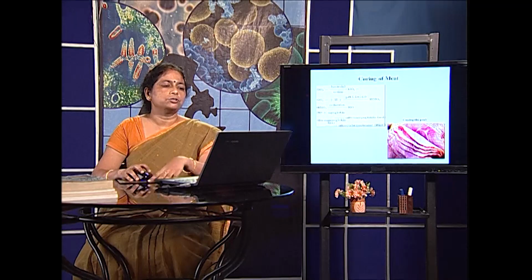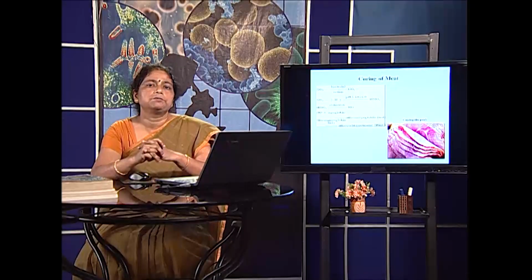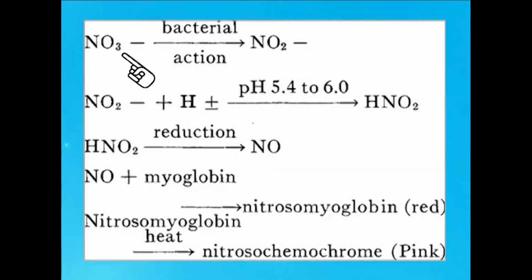Now, if we go on to the biochemical reaction that is taking place during the preservation of meat, we find that if we add nitrate in the meat which is going to be preserved, this nitrate is converted to nitrite by bacterial action. The nitrite so produced in the acidic environment gets converted to nitrous acid. The nitrous acid, after being reduced, is converted to nitric oxide, and this nitric oxide now reacts with myoglobin, which is present in the muscle of the meat.